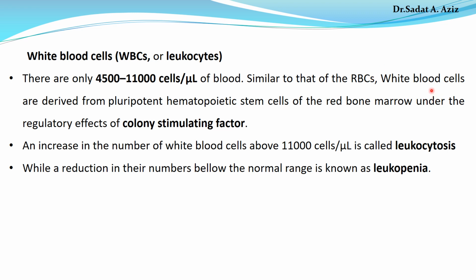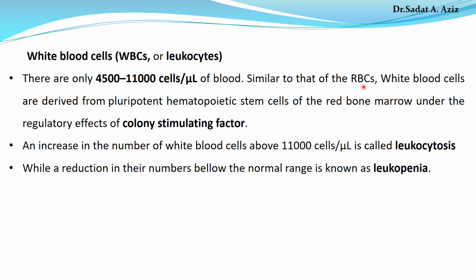White blood cells also are derived from where? From the pluripotent hematopoietic stem cells. The pluripotent hematopoietic stem cells are partially committed hematopoietic stem cells, so they can produce different types of the blood cells, including white blood cells.